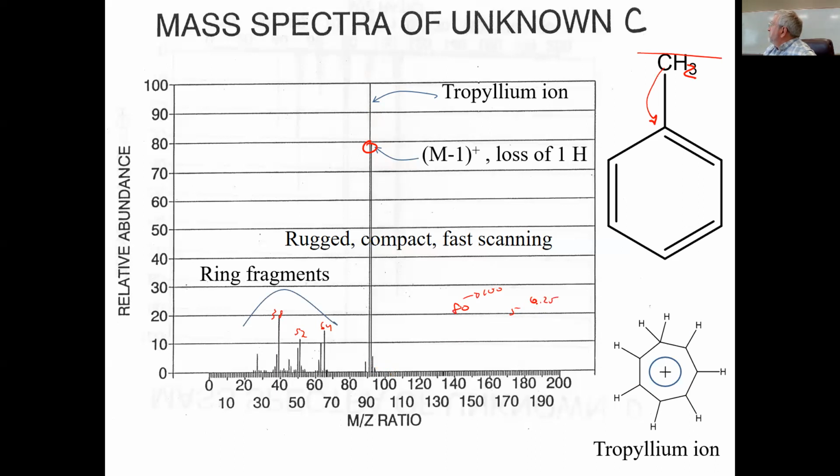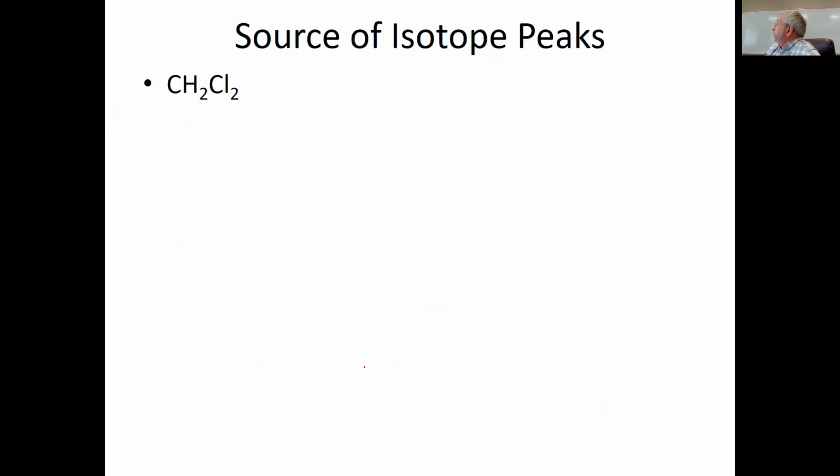And so this tells me that I have 5 or maybe 6 carbons. Actually, I have 7, but I'm doing bad math here because that's hard to measure. But you can figure out the number of carbons from that.